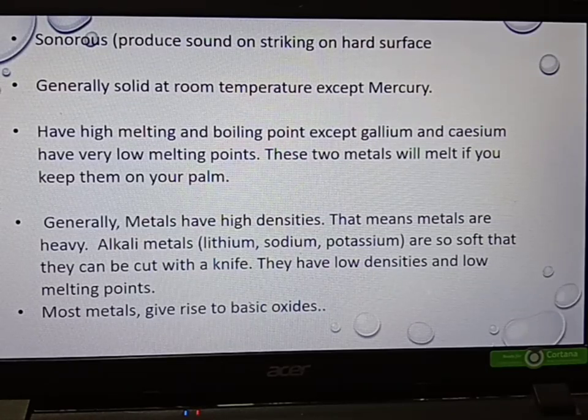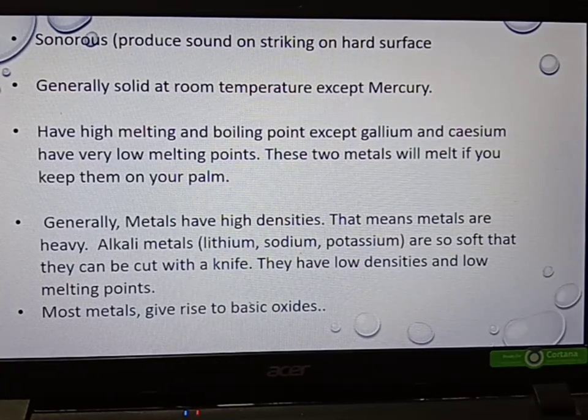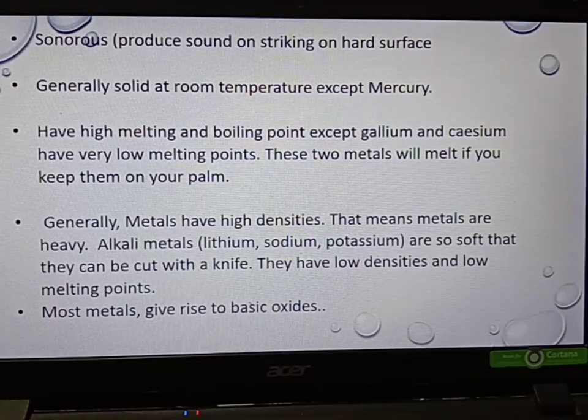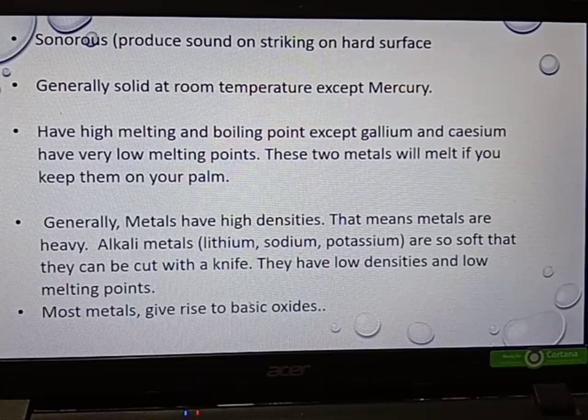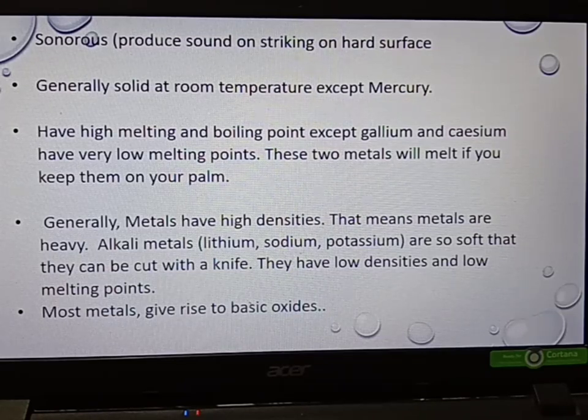Next property, sonorous. Metals are sonorous, means if you hit a metal with something, it will produce a striking sound, and this property is called sonorous or sonority.